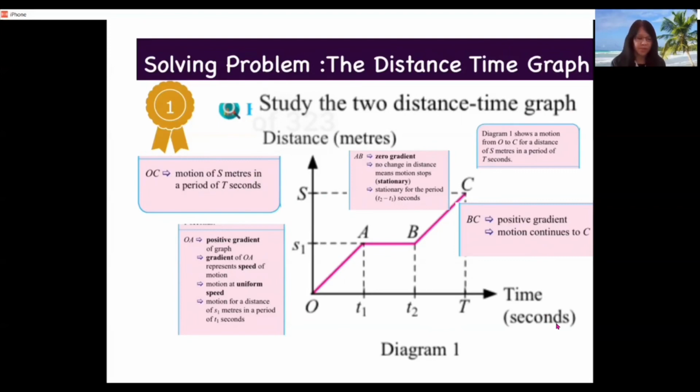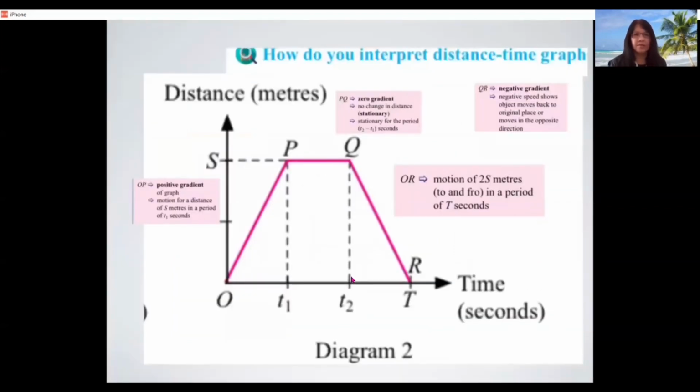For this one, how do you interpret the distance-time graph? From O to P, you notice there is a positive gradient: motion for a distance of S meter in a period of T1 seconds. This is positive, and it is uniform speed. From P to Q, you have 0 gradient, so there is no change in distance.